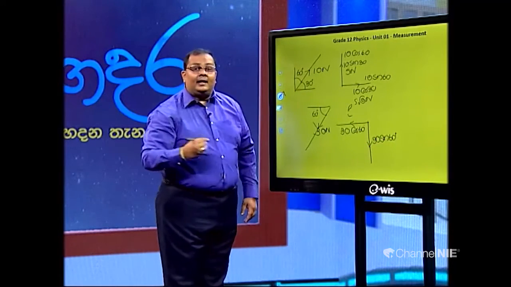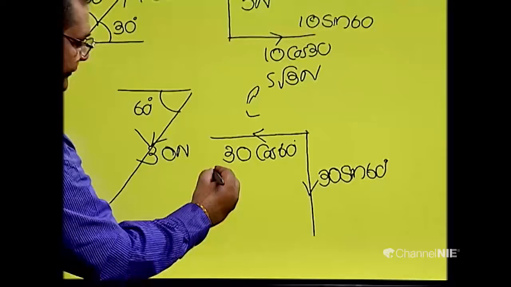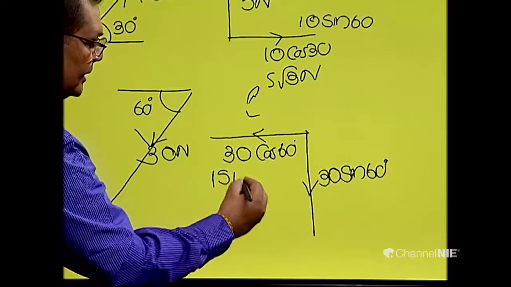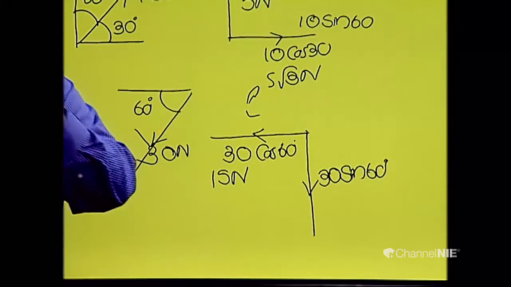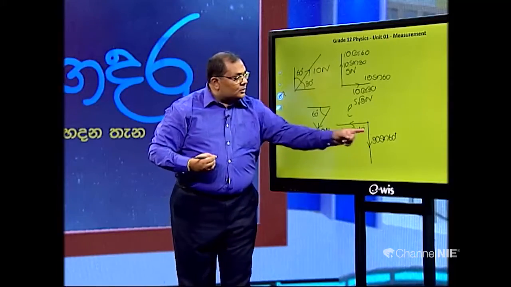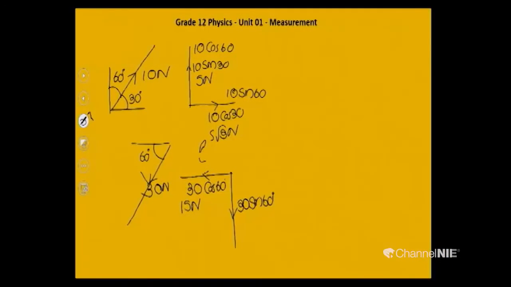Cos 60 half, then 15 newtons, right? Sin 60 root 3 over 2, then answer 15 root 3, right? These are the components.